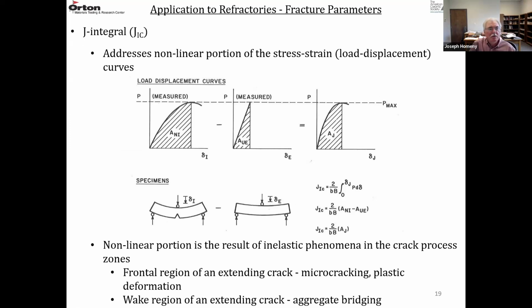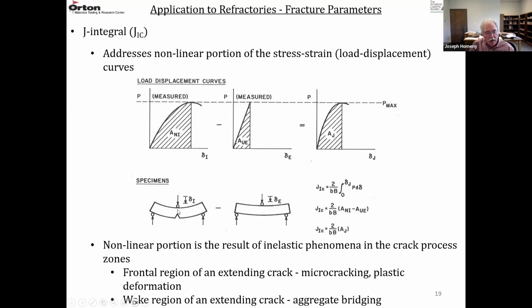Not too many people use it, but I like it. I thought I'd mention it because it's sort of equivalent to G1C, but it addresses the nonlinear portion of a stress-strain or load displacement curve. And you can use J1C also to predict thermal shock behavior.